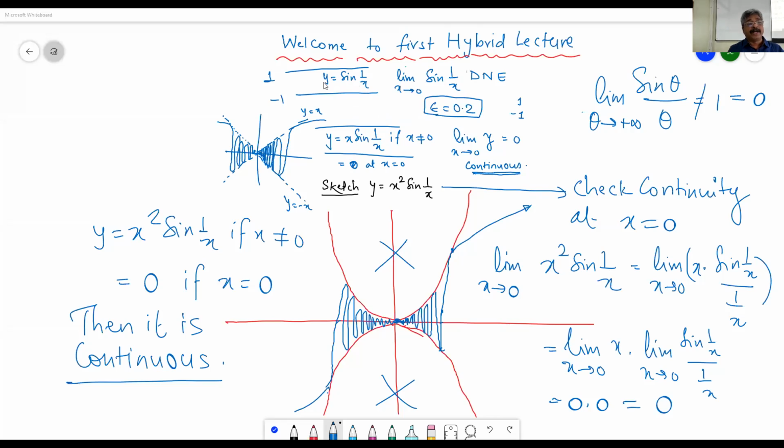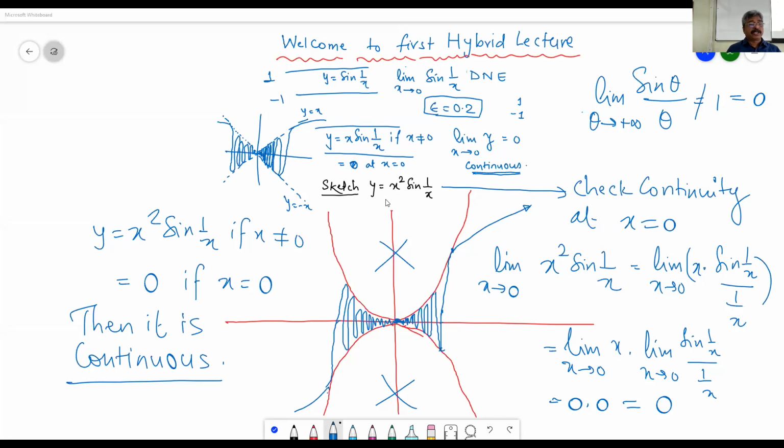Then we dampened effect of vibrations by multiplying by x, and then this kind of graph is achieved, and we said okay, because of this x, now the limits started existing, and if you happen to define the function is equal to 0 at x is equal to 0, then we found that function to be continuous because left and right hand limit was 0, and the value of the function at x is equal to 0 also was 0.